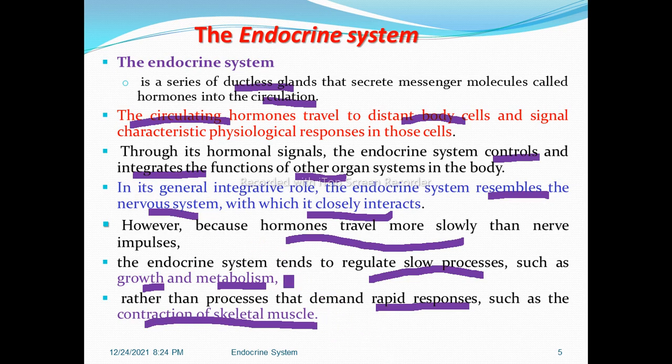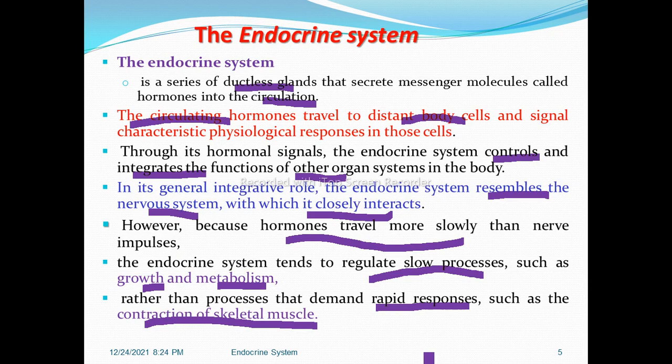So the characteristics of hormones and nerve impulses, their slow and fast movement, distinguish the nervous system from the endocrine system, but their integrative and control activity makes the two systems similar.